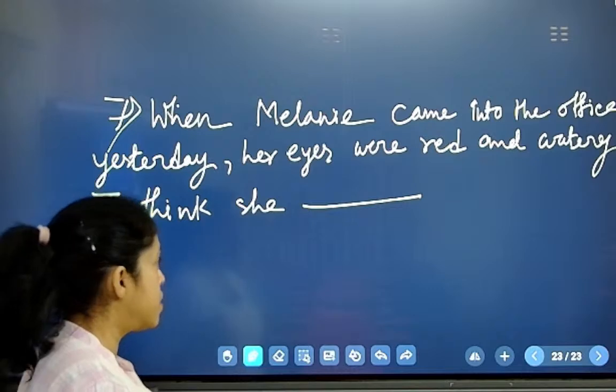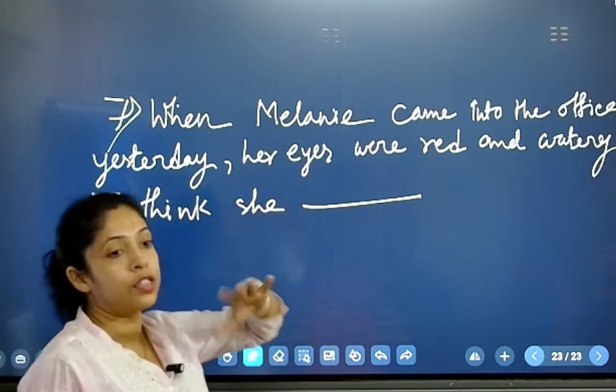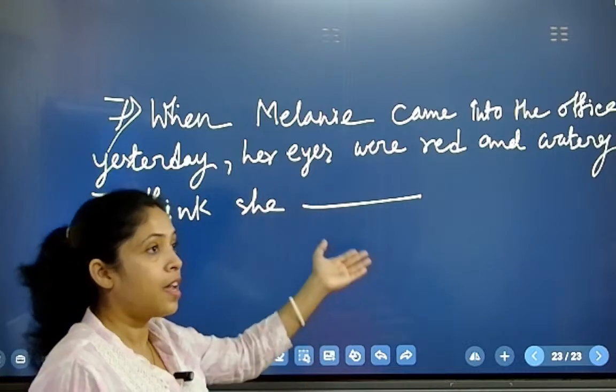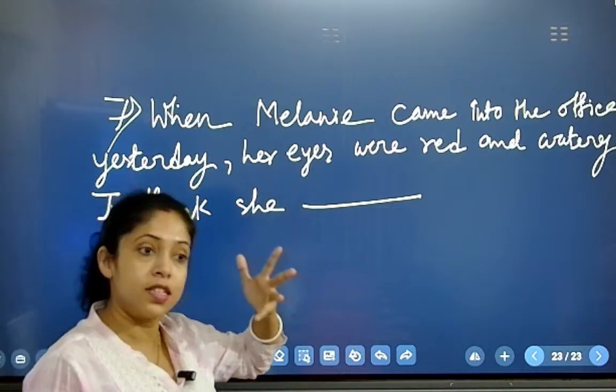I think she dash cry. Red and watery means now she is not crying. She cried for a particular period of time, but now the effect is still there.